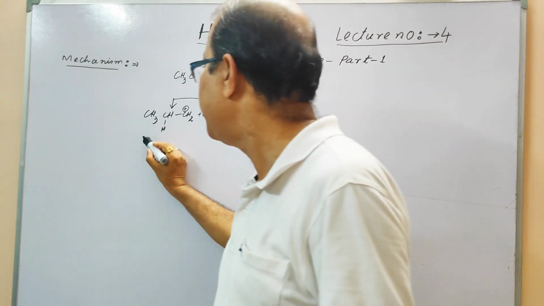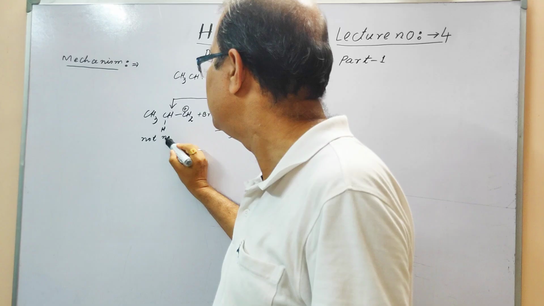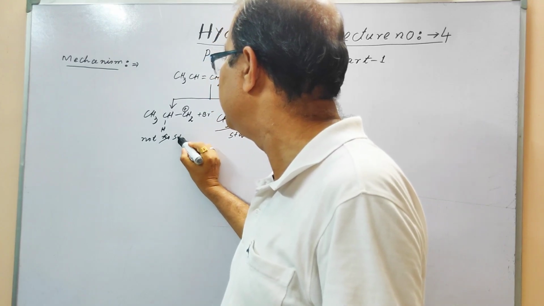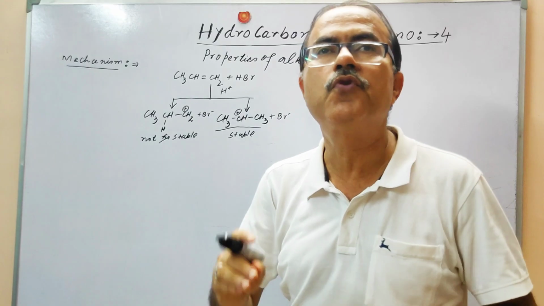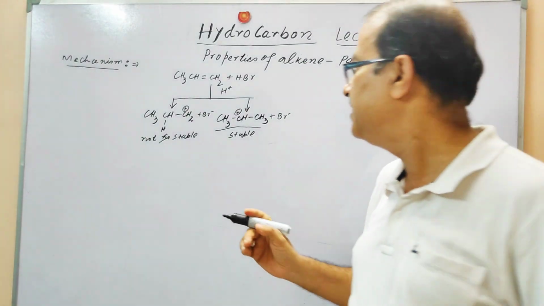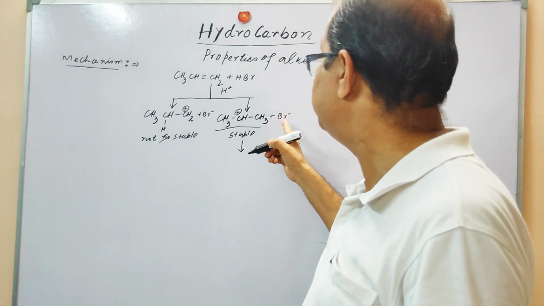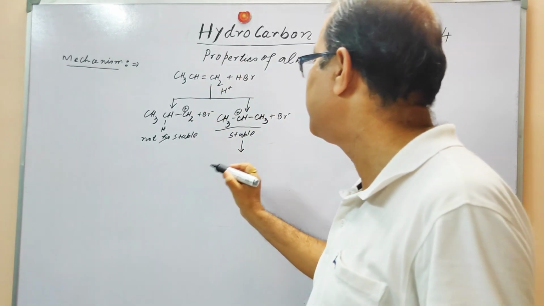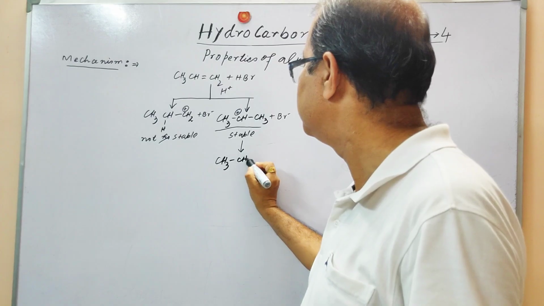This is stable and this is not so stable. So due to this fact, it will be produced at a faster rate, and then Br minus will add to this carbon atom, and it is going to produce this.